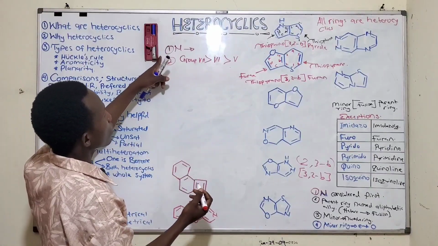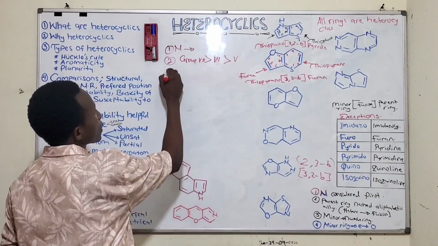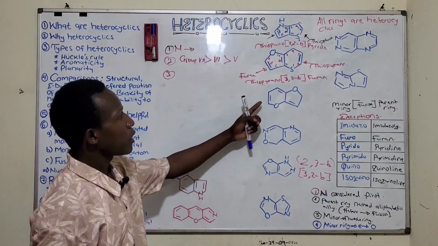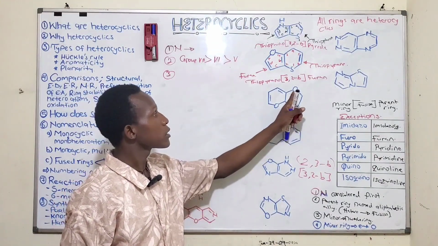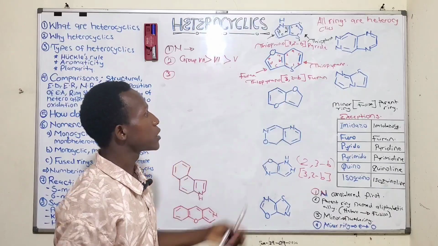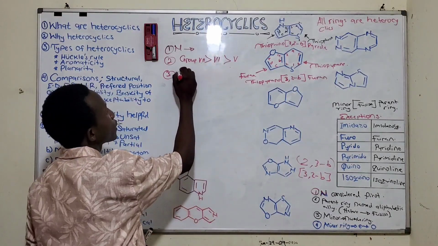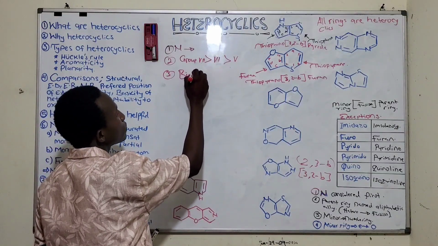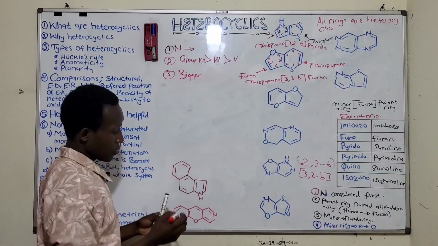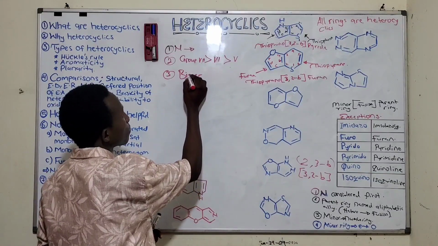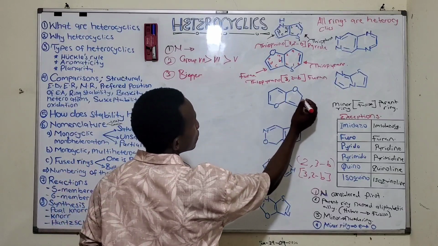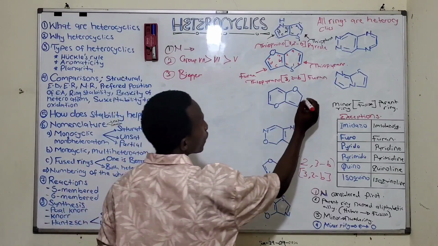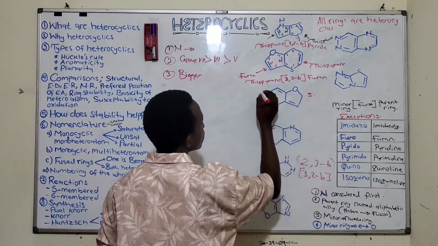Now, those are two rules. The third one, here we're having both heteroatoms having oxygen. Now we consider the bigger ring. The bigger the ring, the more priority is given. So this one will be more prioritized. This is 5-membered, and this is 6-membered.